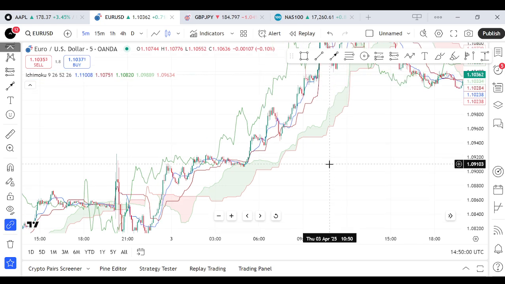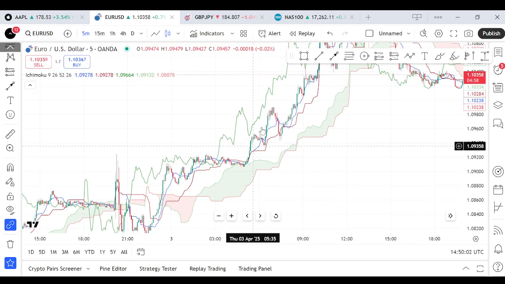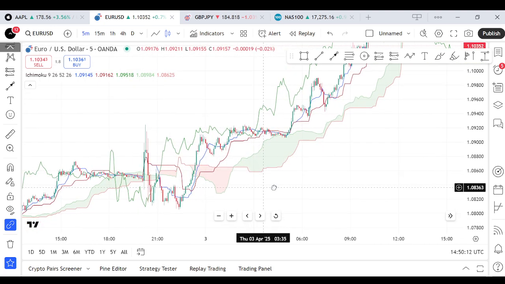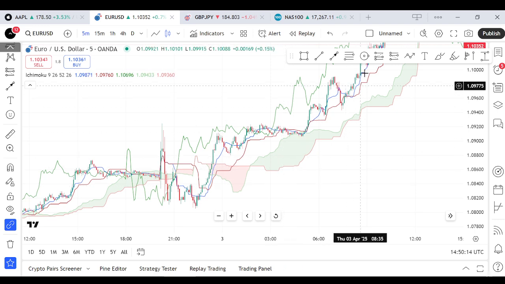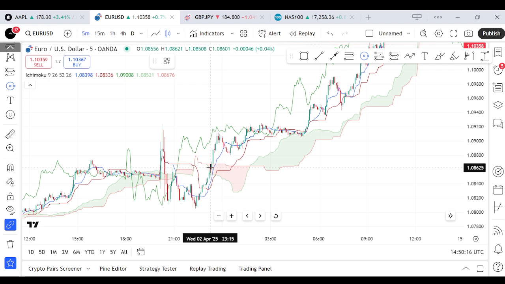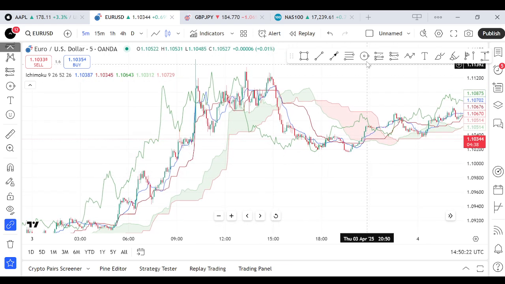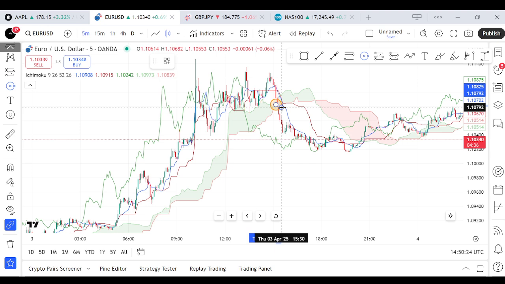When applied to scalping, the Ichimoku Cloud focuses on identifying key moments when price action interacts with these elements. For instance, a breakout above or below the cloud often signals potential bullish or bearish trends. We have a breakout above the cloud here. We have a breakout below the cloud here.